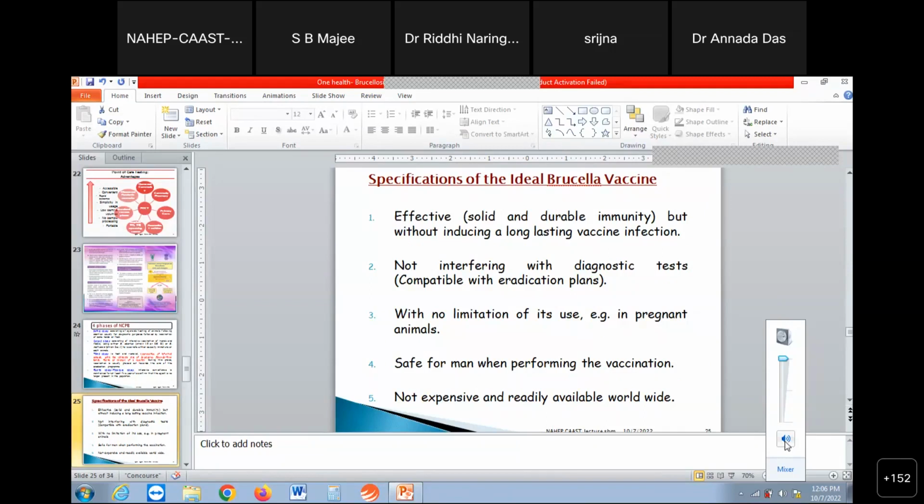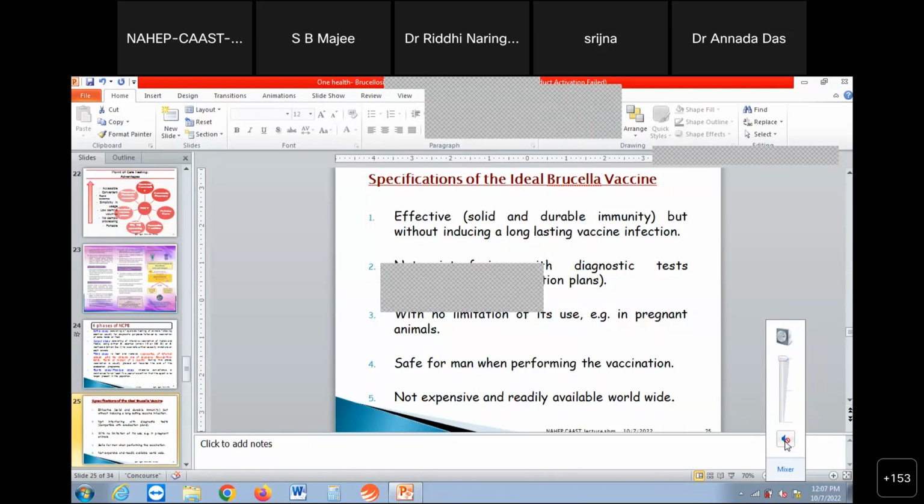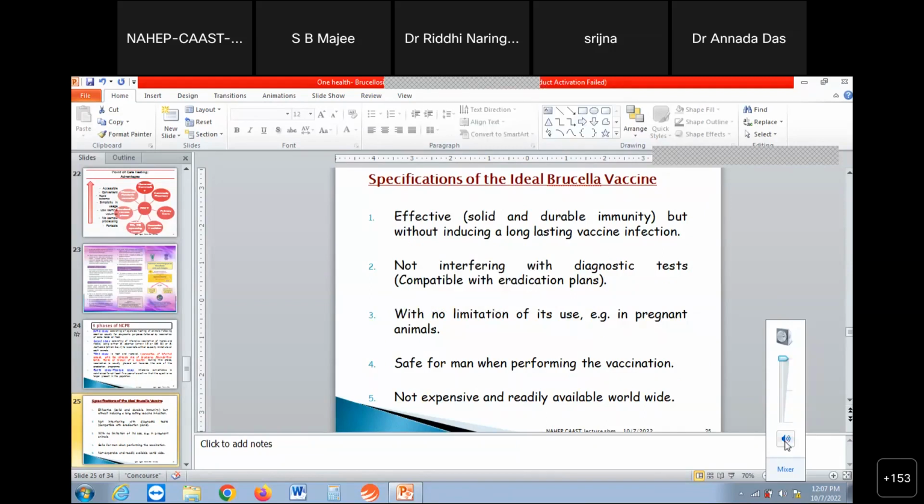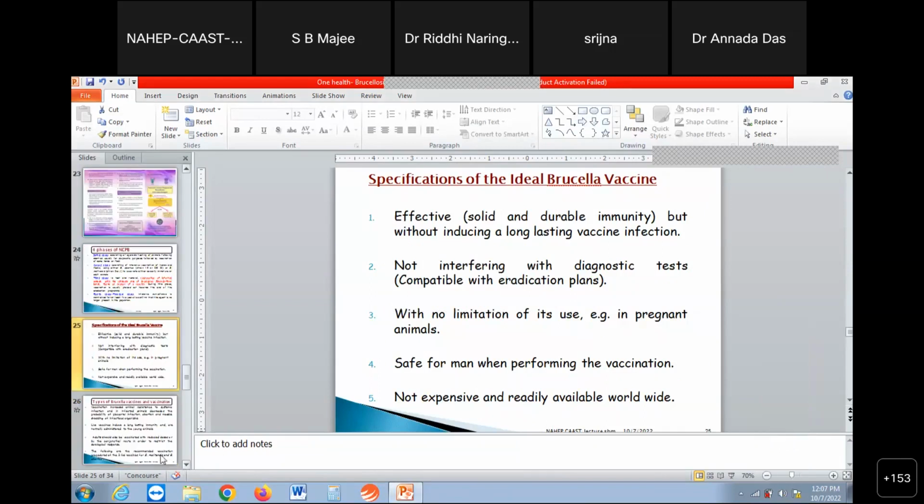Well, this looks very nice and very informative, but let me tell you, till now we do not have a single vaccine which conforms to everything. So we have to use a combination and try to create as much immunity as possible within the ruminant population.